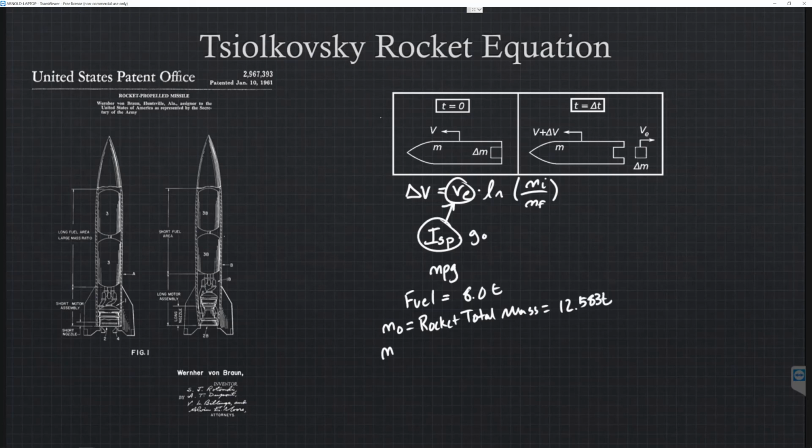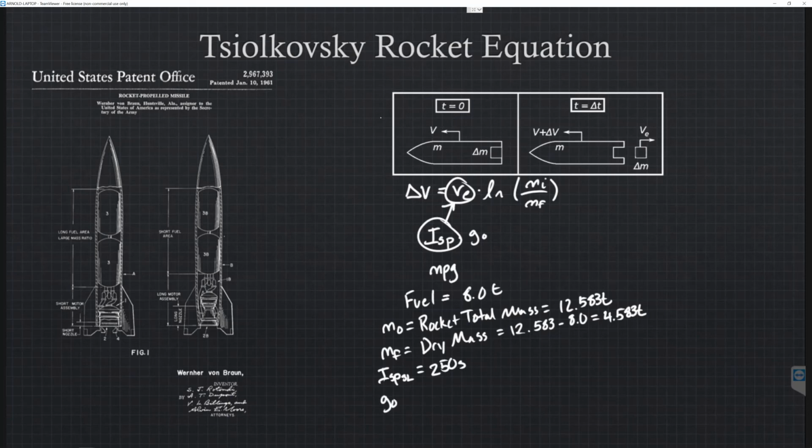And then our final mass, also referred to as our dry mass because it assumes that we drain all of the fuel from the rocket, is equal to 12.583 minus 8.0, which is equal to 4.583 tons.